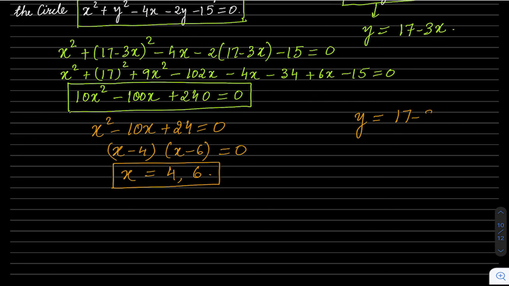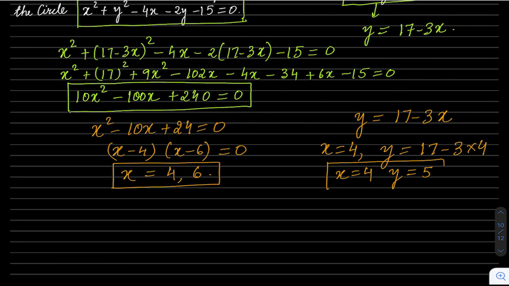Now we have y = 17 − 3x. When x is 4, y is 17 − 3 times 4, that is nothing but 5. So x is 4, y is 5. This is one of my answers.